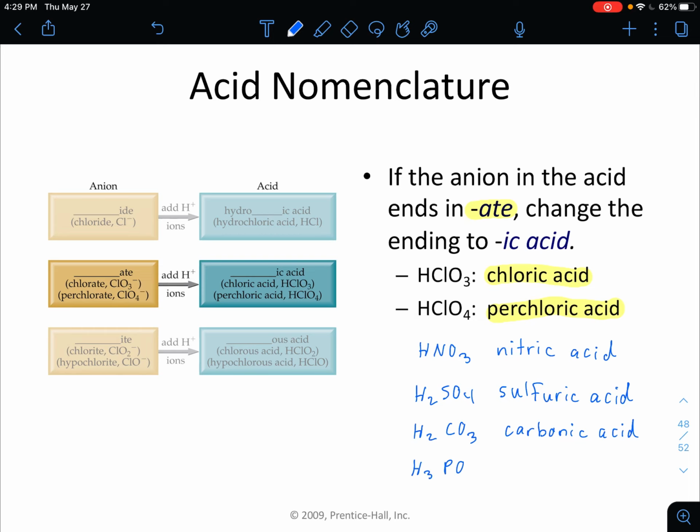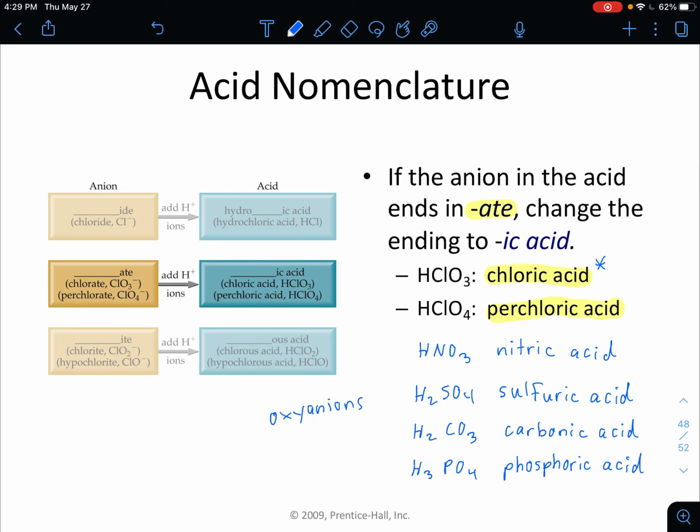And then we could also have phosphate, H3PO4, phosphoric acid. So all of these that contain oxygen with these oxyanions, they don't have the hydro prefix. So comparing chloric acid to hydrochloric acid, right? HClO3 is chloric acid, but HCl is hydrochloric acid. So that's how we make the distinction.